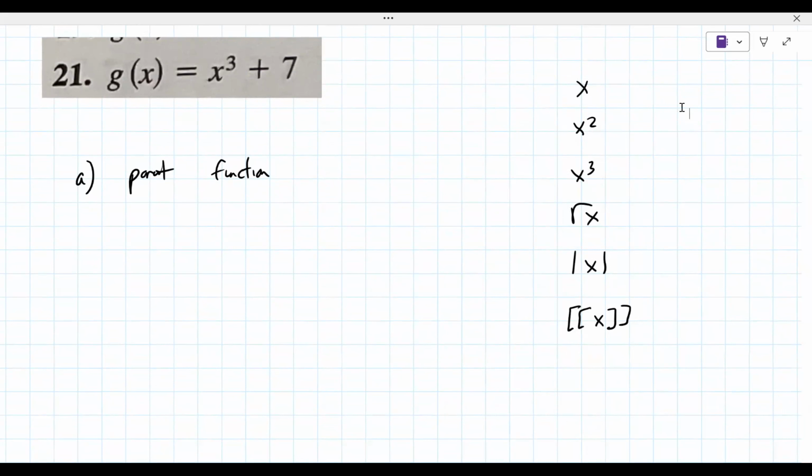All right, got it down. So I'm asking you which of these is the parent function? X cubed. Okay. What is the name of x cubed though? What's another name for it? Let me get my parent function notes.